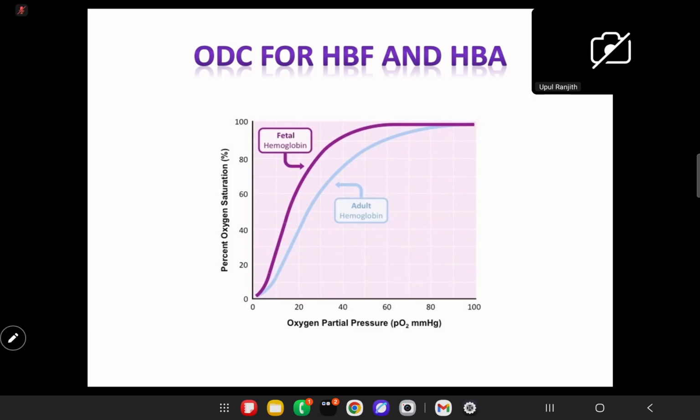So that is called the double Bohr effect. These two will move further apart in the placental bed.